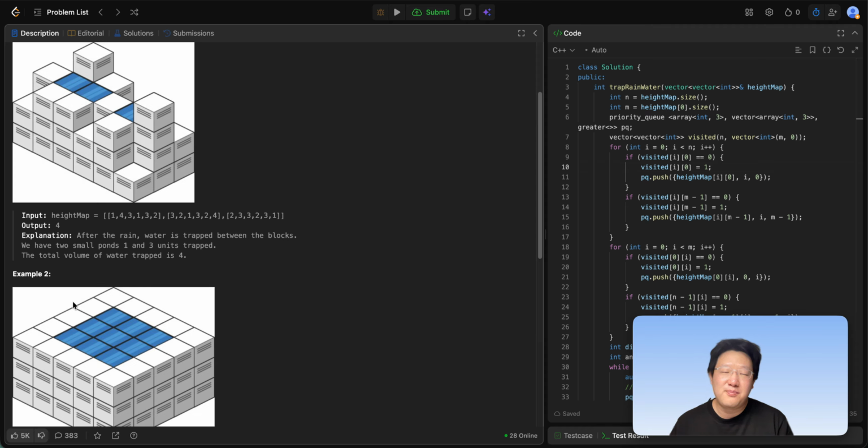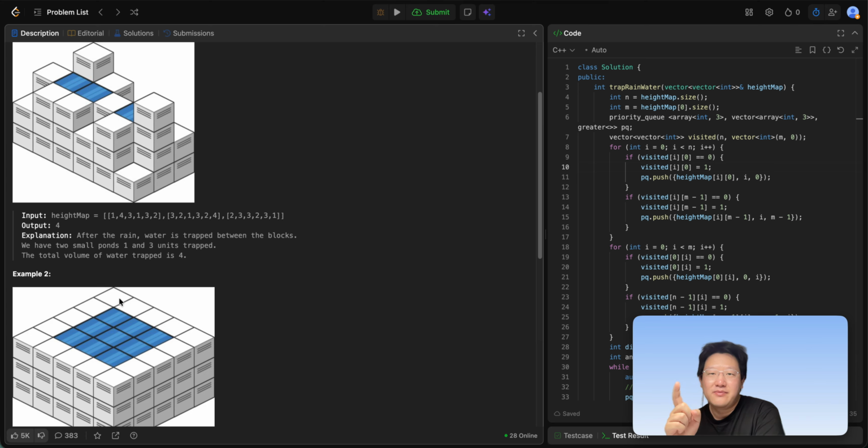Put all boundary cells into a min heap and pop the smallest in every step. Check its neighbors. We'll get two cases.